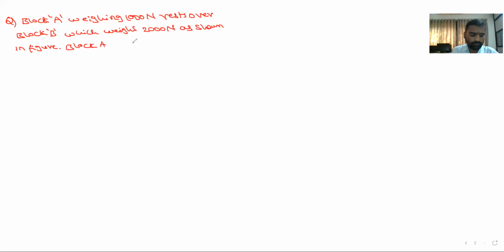Block A is tied to the wall with a horizontal string.